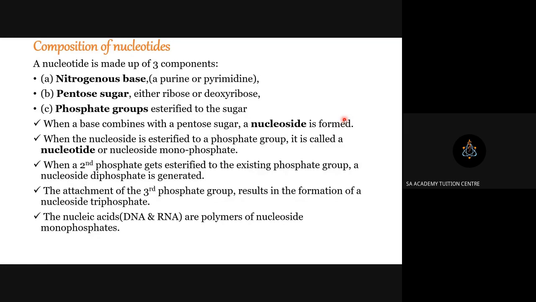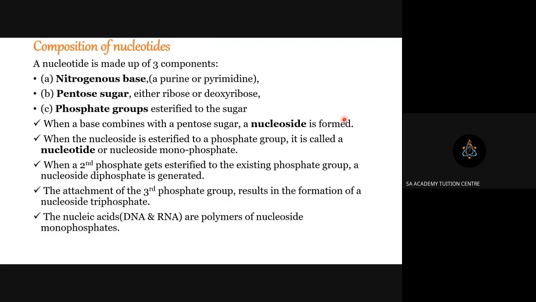Then when a second phosphate group is attached to the nucleoside monophosphate, it forms a nucleoside diphosphate. When a third phosphate group is attached, it results in the formation of a nucleoside triphosphate.